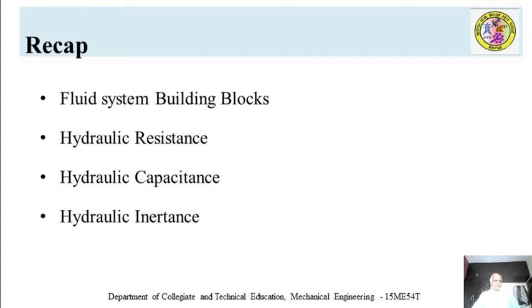Hydraulic resistance is given by the equation P1 minus P2 equals RQ, where R is the resistance. Similarly, hydraulic capacitance is given by the expression Q1 minus Q2 equals C dP by dt, where C is called capacitance.